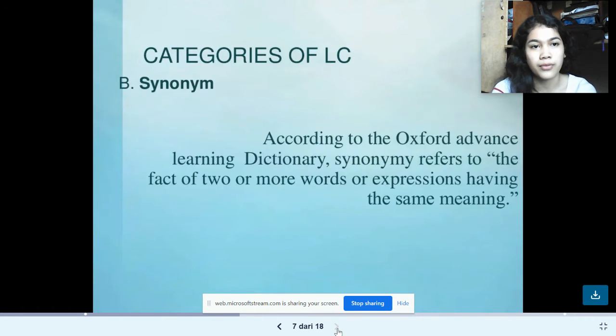And then we have the second category, synonym. According to the Oxford Learner's Dictionary, synonym refers to the fact of two or more words or expressions having the same meaning.